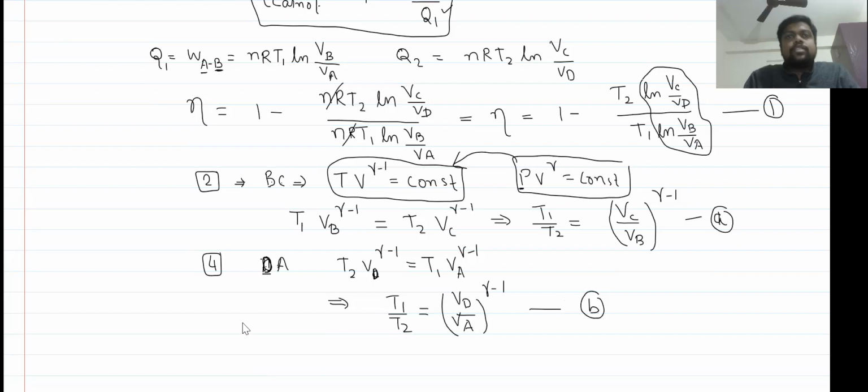Now from A and B, we can write the LHS is the same, that is T1 by T2. So then definitely the RHS will be the same. So Vd by Va to the power gamma minus 1 will be equal to Vc by Vb to the power gamma minus 1.